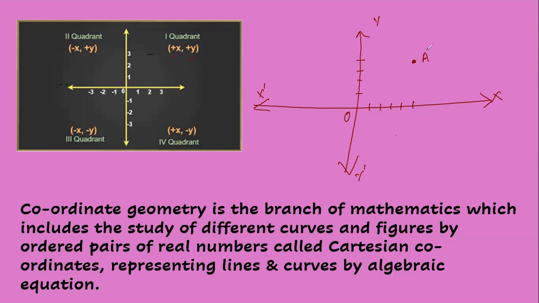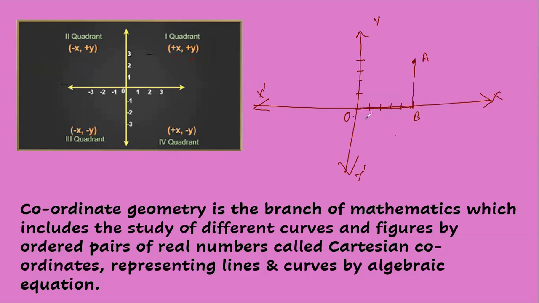Let's see how much distance it covers to reach A from the origin. It starts from the origin, reaches point B, and then from B it goes up to A. So what is x?